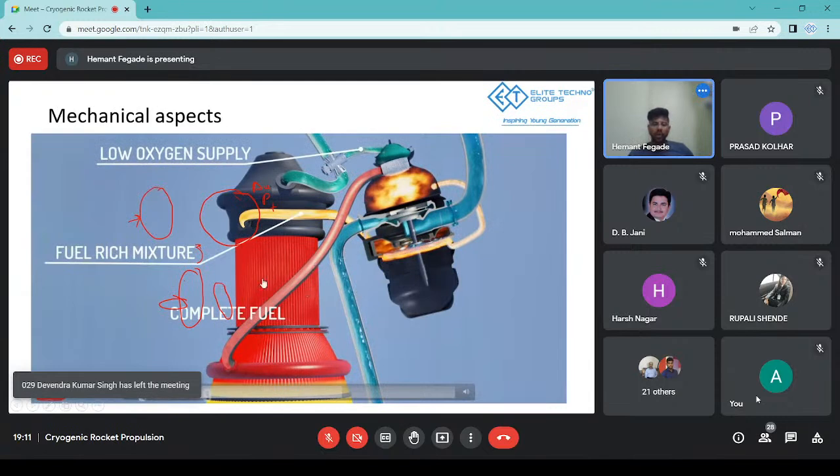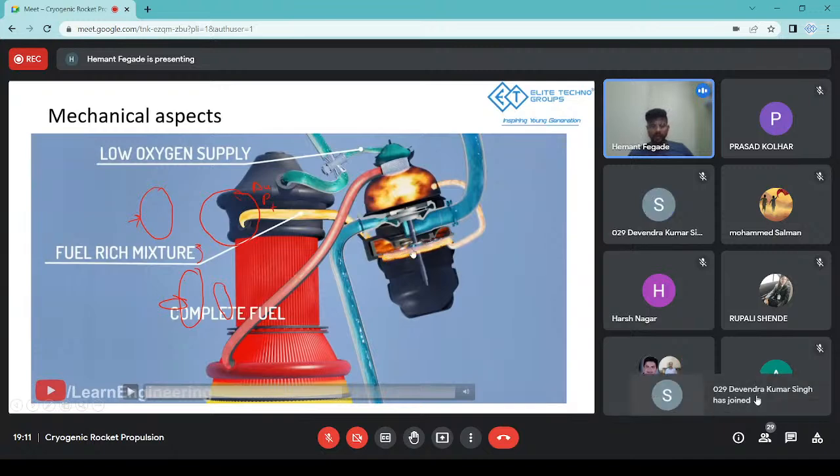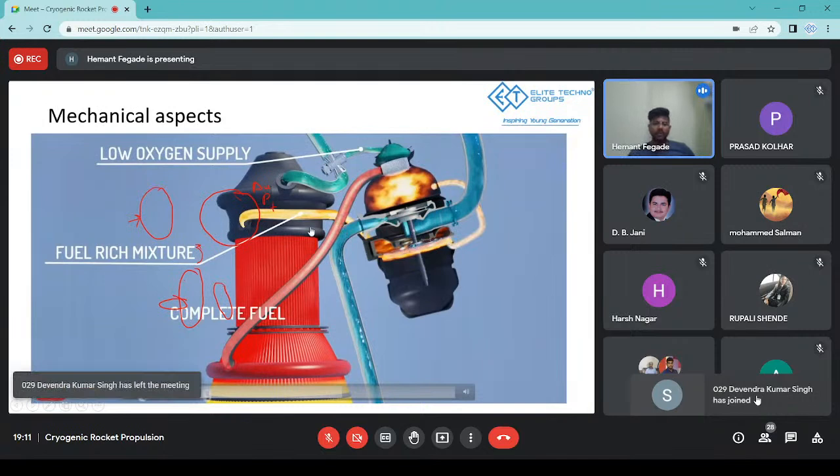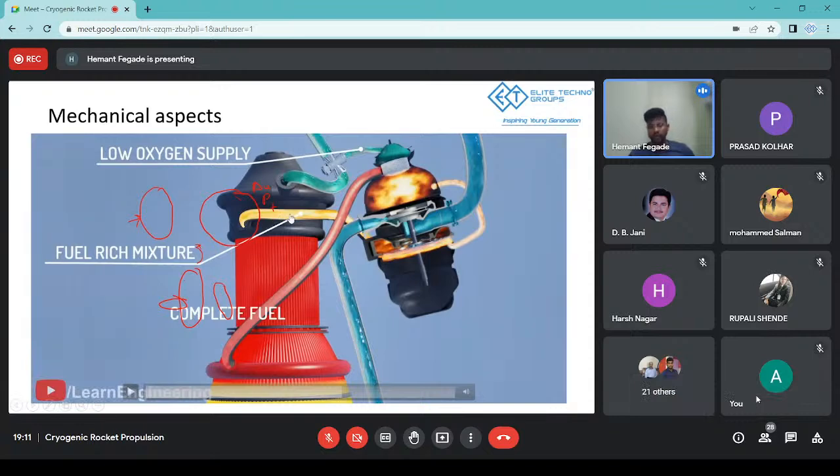Here your fuel gets partially burned, and then it is used to power this turbine over here. And this partially burned fuel raises the temperature of the rest of the hydrogen to a great extent. That high temperature, high pressure, partially burned hydrogen is then completely burned in the chamber.